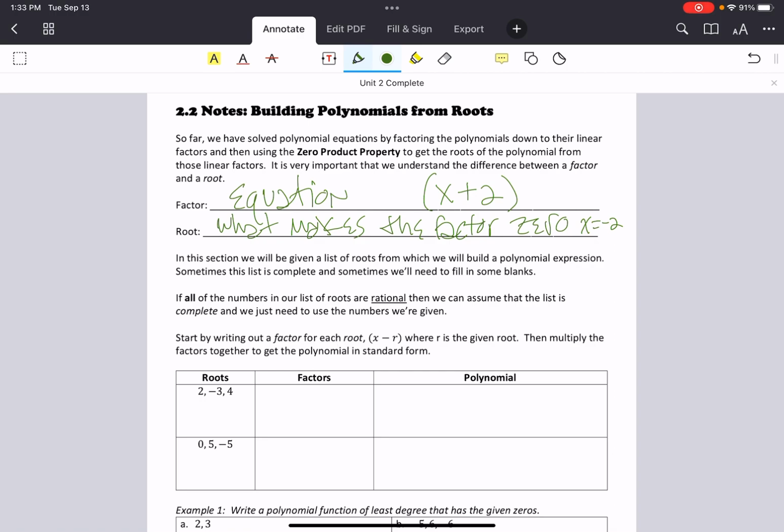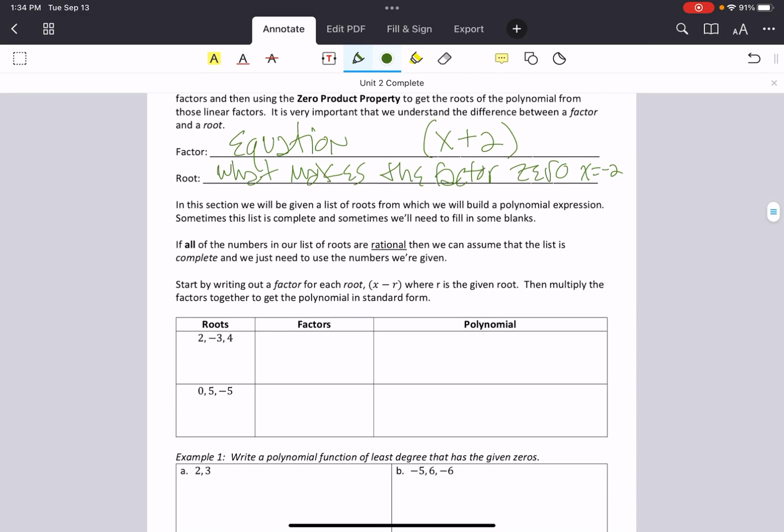Good. Let's go ahead and start with the roots. So if I have a root of 2, then what's the factor that goes with that? The root is 2. So the root, what makes the factor 0, is 2. X minus 2. It has to have an x in it if it's a factor. Okay, what's the factor if the root, or the 0, or the x-intercept, or the solution, or the answer is -3?